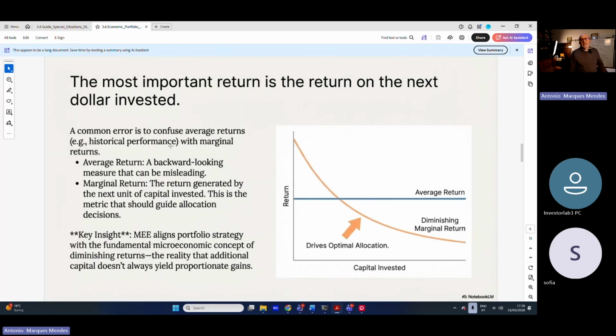Then I came up with this idea of the marginal efficiency of capital, based, of course, on what we teach and learn in microeconomics courses, which is one of the probably fundamental laws of economics, the concept of diminishing returns. So the more capital we allocate to a given stock, the efficiency of its deployment will be declining.